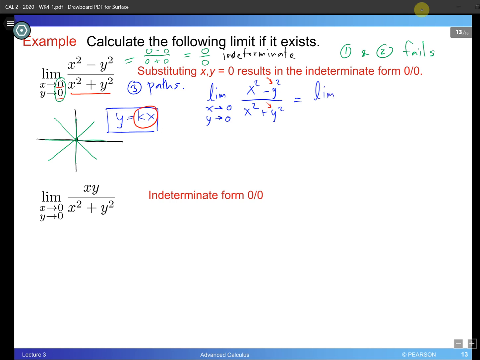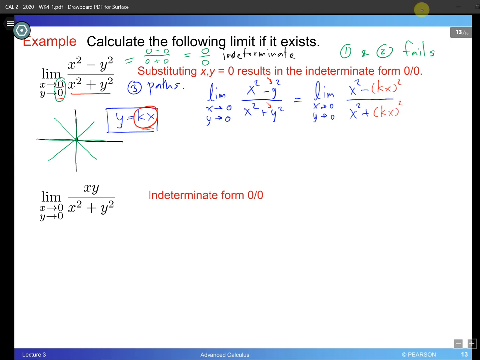Limit of x approaches 0 and y approaches 0. The front term is still the same, x squared, and here minus y squared, but we know that y equals kx, so this is going to be kx squared. Alright, same with the denominator, we have this x squared plus y squared, and y equals kx, and of course we have this square at the end.